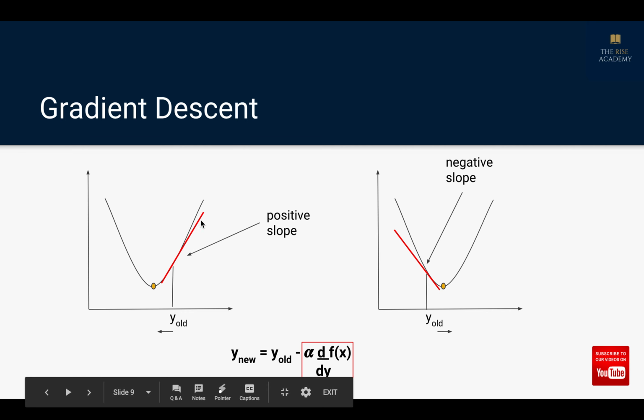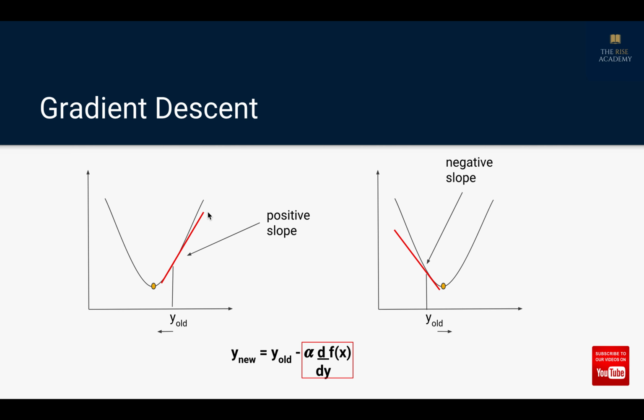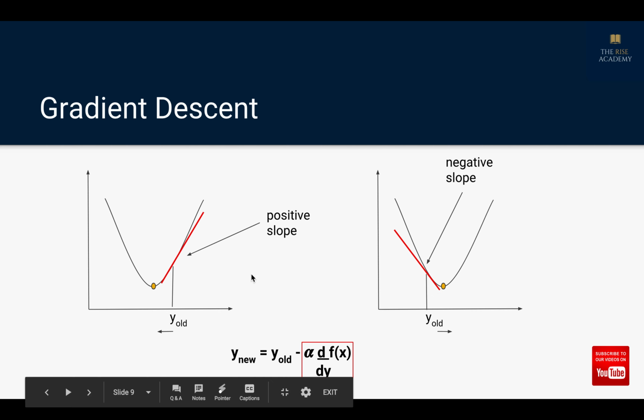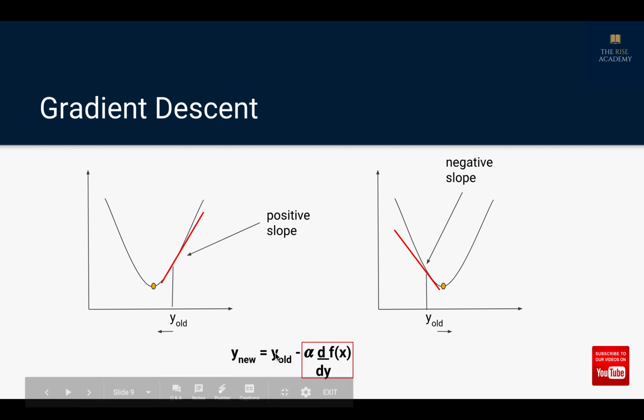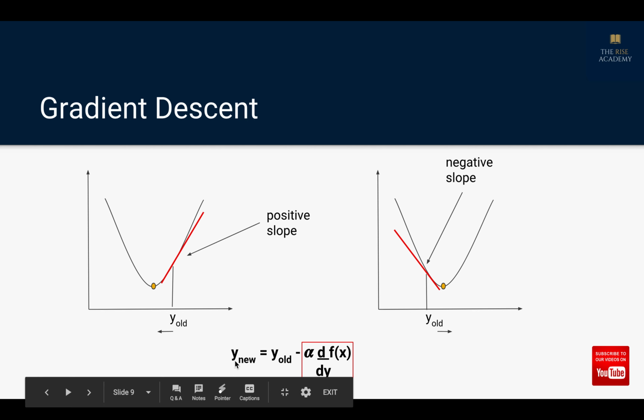And then this red line represents the slope of that line, and this is a positive slope, right? And now if I input that slope value here, multiply it with alpha and subtract it from y old, so now my y new will actually be a smaller value than y old, right?